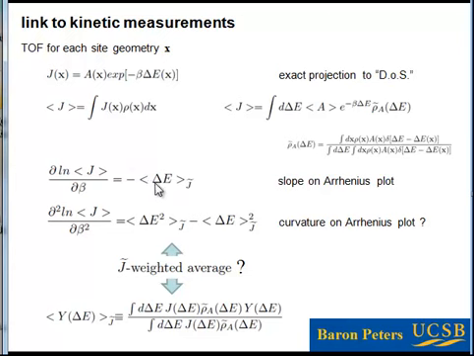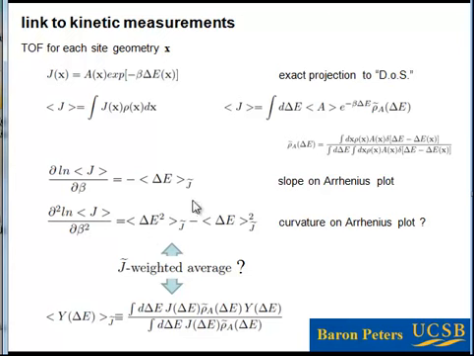And one of the things to point out here is that this is not the same as the average activation energy unless all of these sites are actually the same, right? Which of course is probably never really the case. Now, we can go on and do what we would do in statistical mechanics to find the heat capacity. We can take a second derivative of the log of the average rate with respect to 1 over kT squared now.